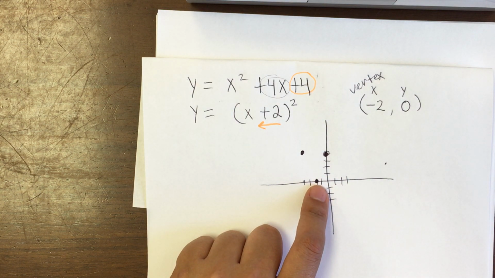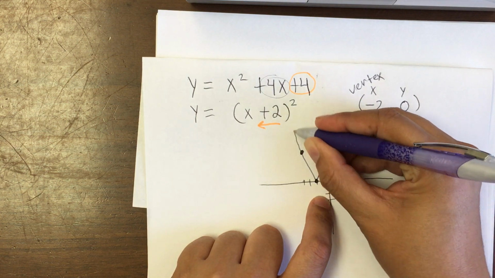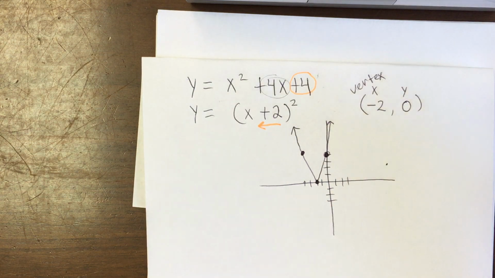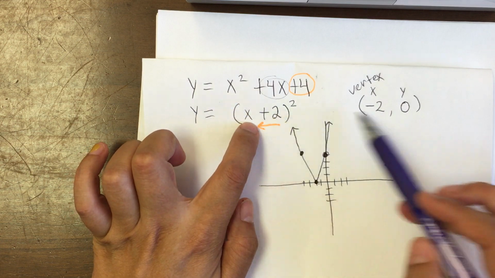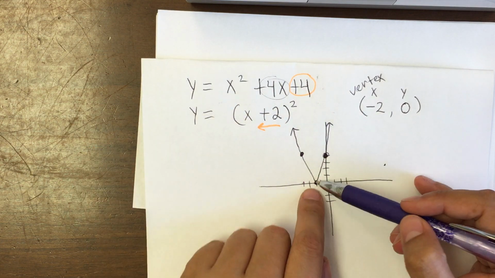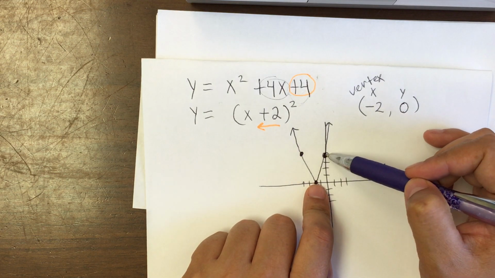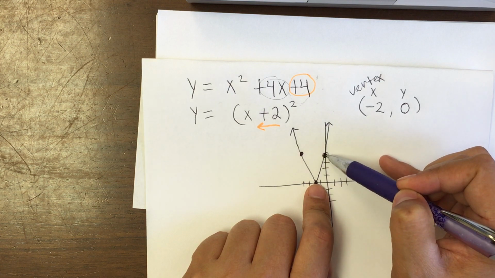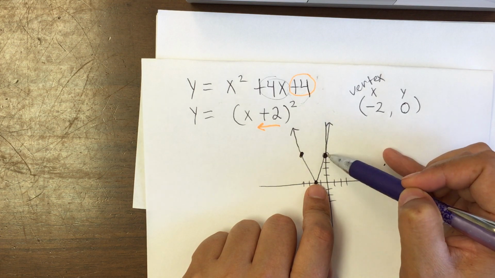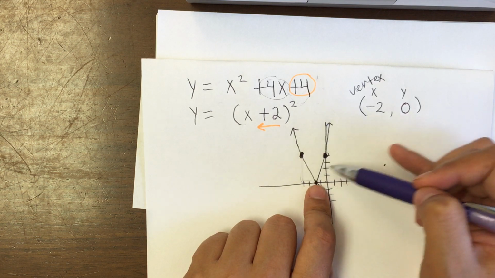Look how easy it is to graph, or rather to sketch, this parabola. This is my vertex by completing the square, and then the y-intercept is always C, so it's 4, and then the point of reflection is exactly on the other side, the same number of spaces away. Okay.